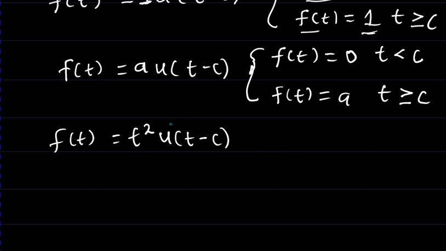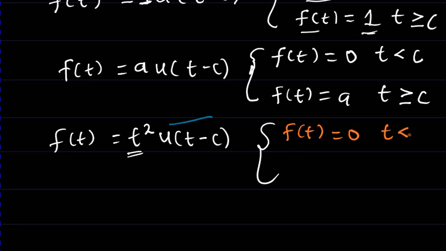Because u of t will definitely be 1 at any value of t greater or equal to c, that will enable it to output t square. So we can have that f of t is equal to 0 for any value of t less than c, but f of t will be t squared, the entire function will be outputted, when the value of t is greater or equal to c. I hope that is well understood.